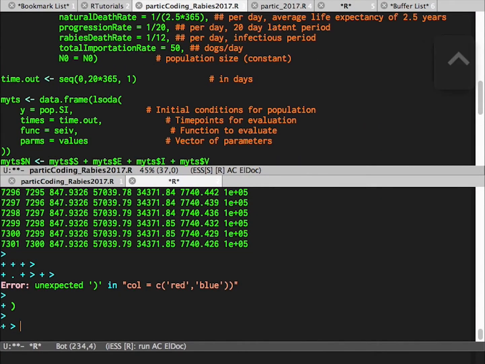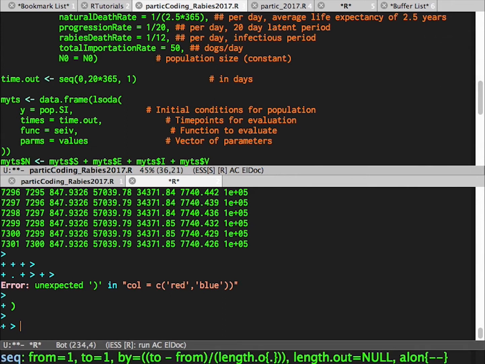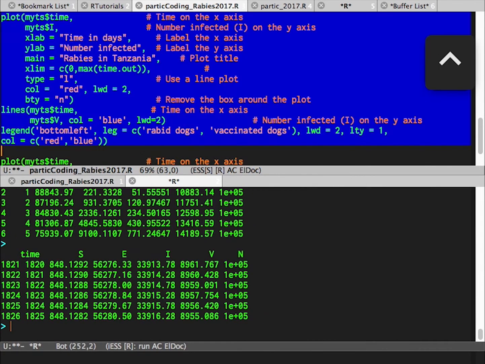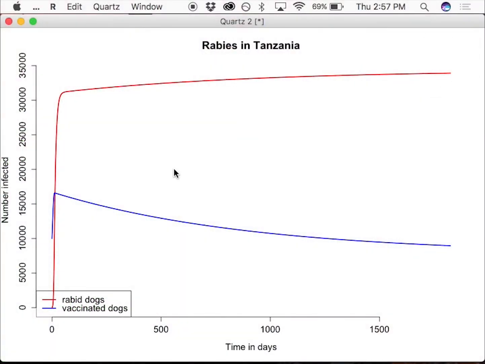Okay, maybe let's go back to looking at just a few years. Okay, and we can see we vaccinated dogs, but the number of rabid dogs has still reached a fairly high equilibrium based on this. And we probably need a higher vaccination rate.